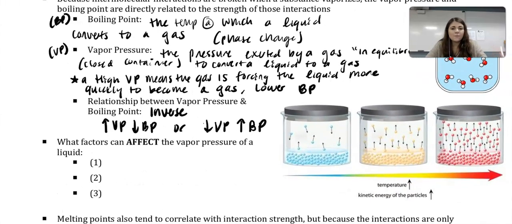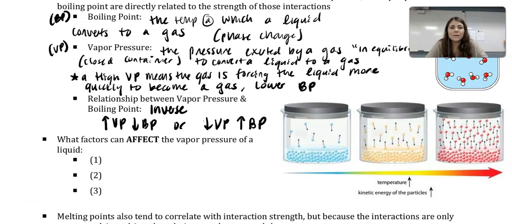Interestingly, there are some factors that can affect vapor pressure. The first one is concentration. We haven't talked about concentration too much just yet, but more concentration means more particles, which is going to affect the vapor pressure, and there'll be a direct relationship for that.